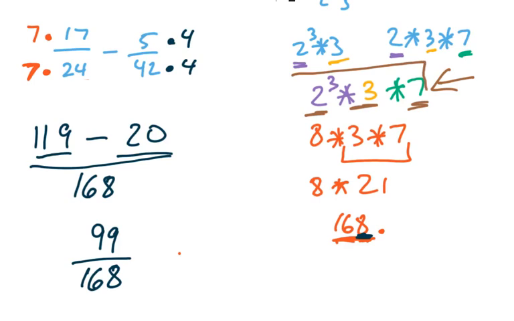This is the prime factorization of 168. If we wrote down the prime factors of 168, that's what it would be. The reason why this is cool is that it tells you that 168 is divisible by 2, divisible by 3, divisible by 7, minimum.